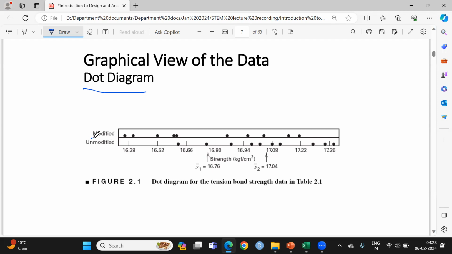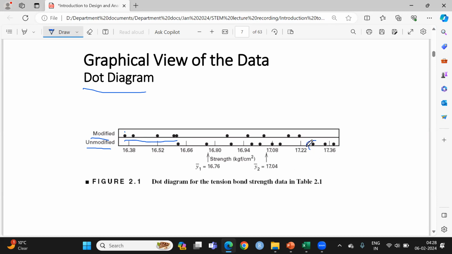The values for modified mortar are shown first, then the values for unmodified mortar. You can see that the modified mortar values are on the lower side, while for the unmodified mortar we have very high values compared to the whole data set.